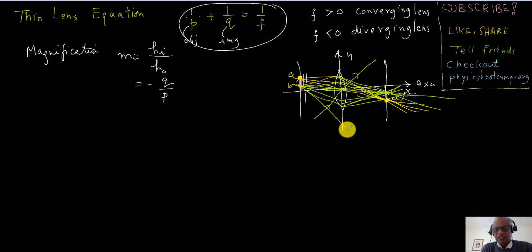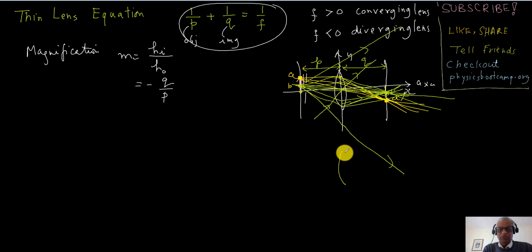Of course, the ones that don't hit the lens are not going to bend. So if you take all of them, the x distance, this distance is the p, and this distance is the q. If p was infinity, you can see that q will be equal to f.